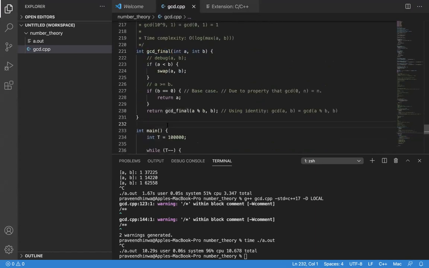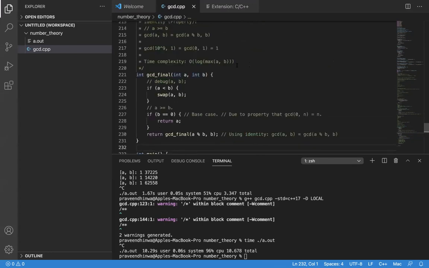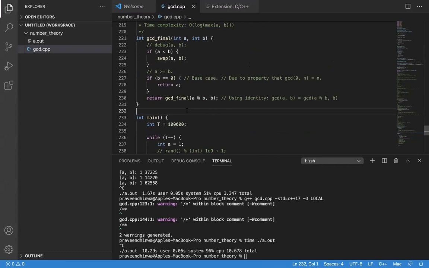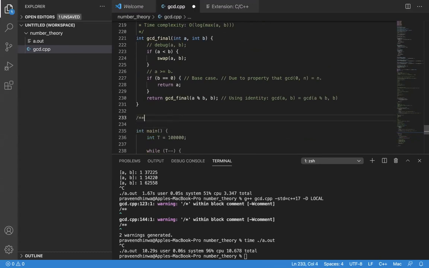In fact, I am not proving here why it is order of log of max of A comma B, but you can assume that it is log of max of A comma B. If you want a proof, maybe I will just give a few lines on why this is log of max of A comma B. So in the first step, let's say I have A comma B, then I will have B comma A mod B. So this number, if you do one more iteration, will become half of max.